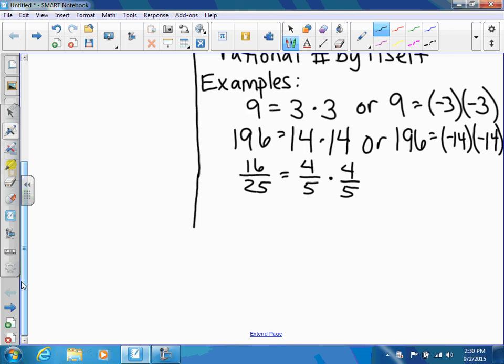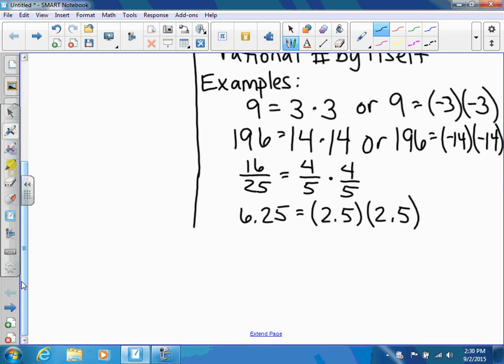But as long as you know that a fraction times itself, the answer to it is still considered a perfect square. Likewise with decimals, if I have the decimal 6.25, that decimal is made by multiplying 2.5 times itself. So as long as the same number is being multiplied times itself, the answer will qualify as a perfect square.